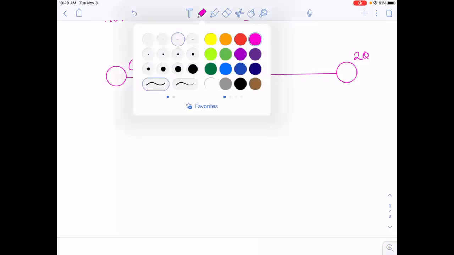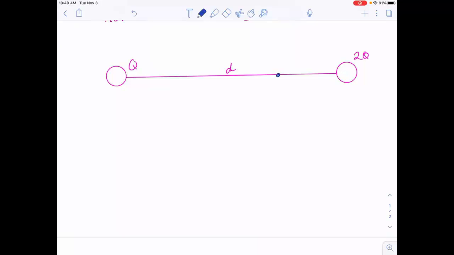Okay, the other big idea I wanted to talk about was something with point charges. Let's say I had a point charge called Q, and another point charge that I'll call 2Q, and they were separated by a distance d, and I wanted to focus on some point that's not in the middle.